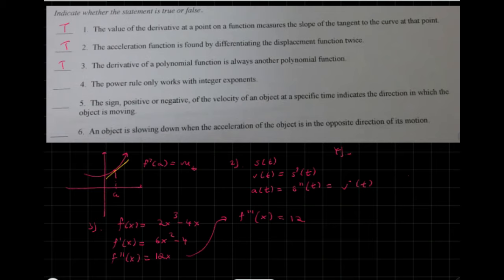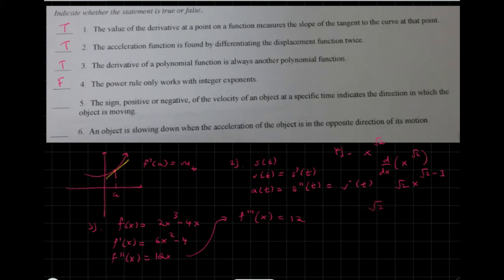So this is also true. Question 4, the power rule only works with integer exponents. No, this is actually false, because you can have a scenario where x is to the power of square root 2, and if you do the derivative of x to the power square root 2, then you can still employ the power rule, square root 2 times x to the power square root 2 minus 1, right?